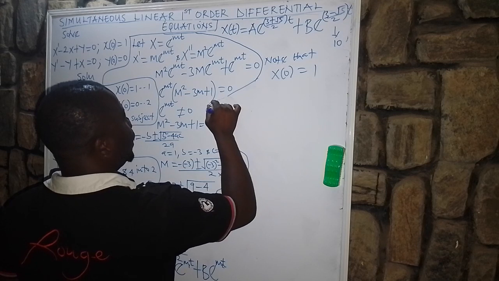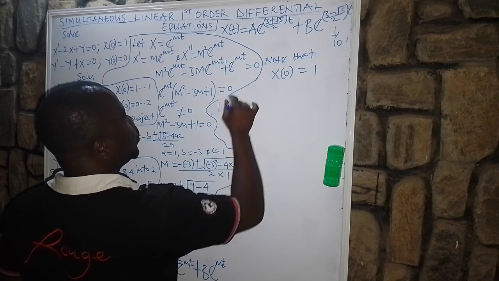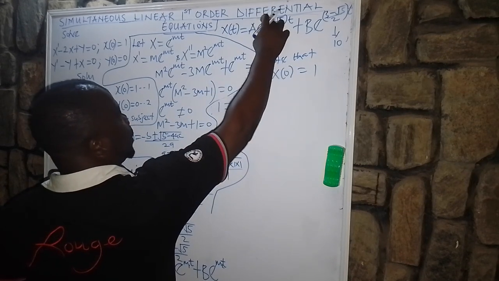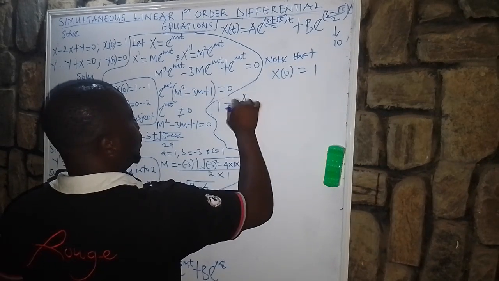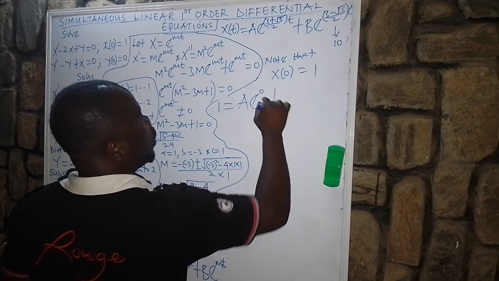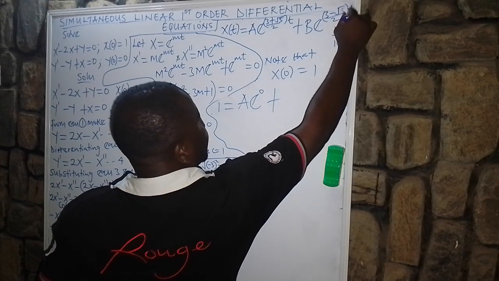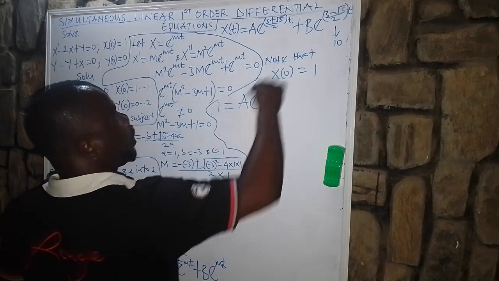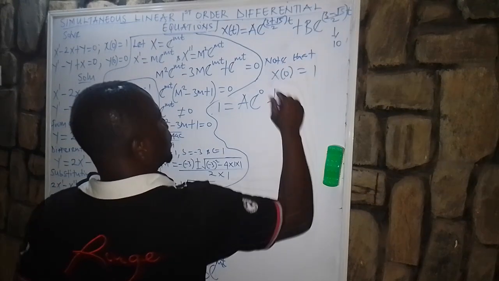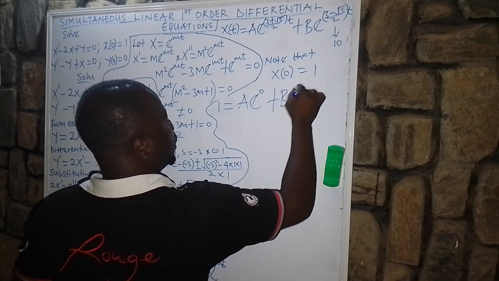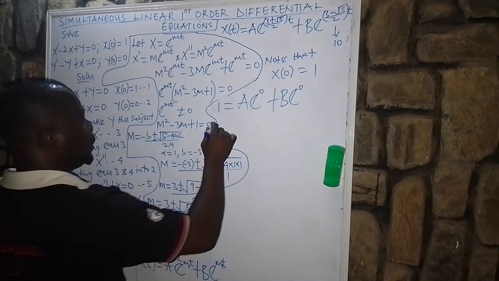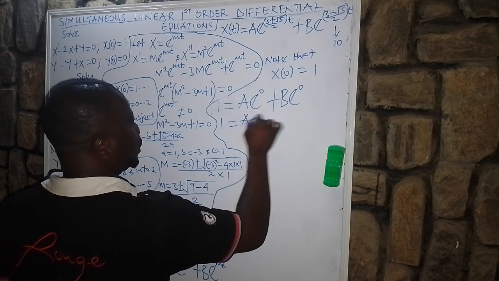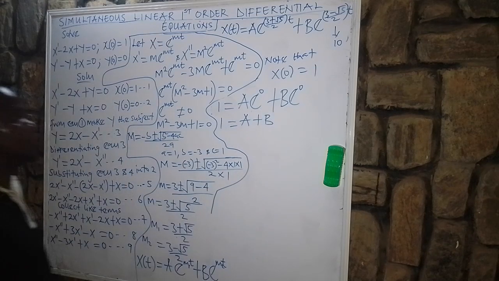So our x, which is 1, will equal 0 times this, 0, then a exponential 0, plus here is t, so 0 times this is b exponential 0. Then 1 will equal a plus b.